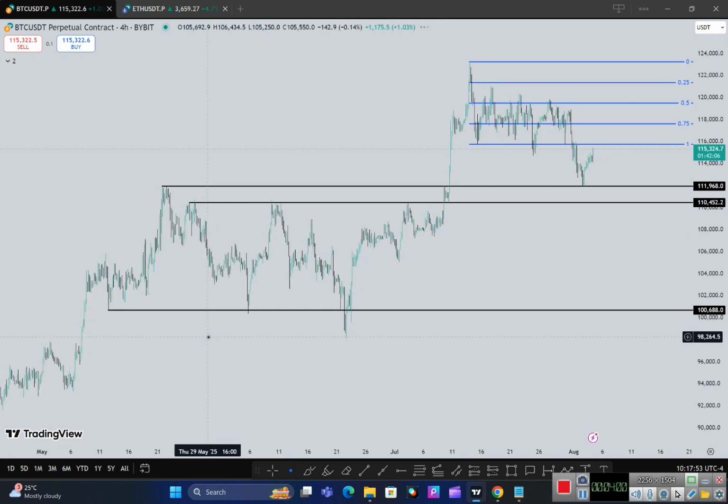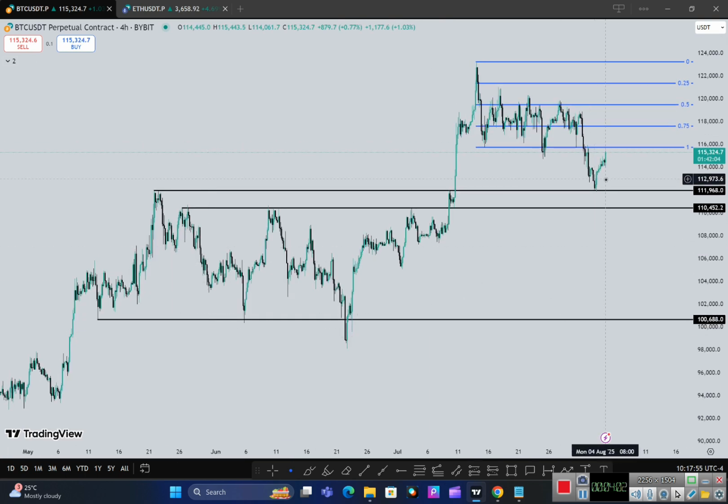So what I expect for Bitcoin is that this level acts as a support, and once it gets back inside this range, we can expect higher prices into the mid range of this dealing range, and even to a new all-time high.